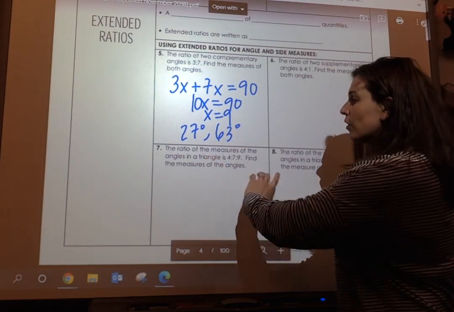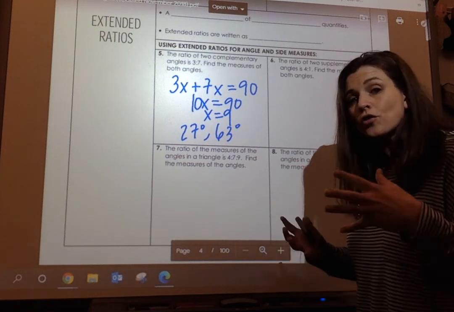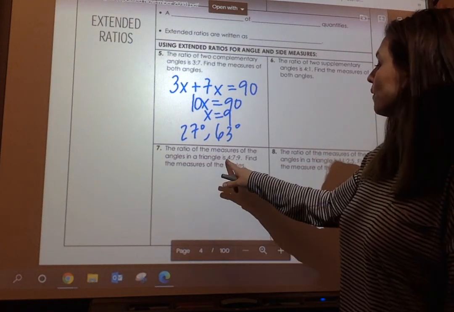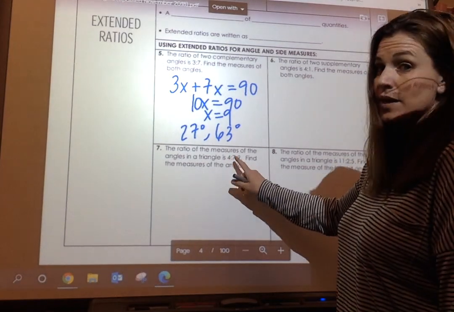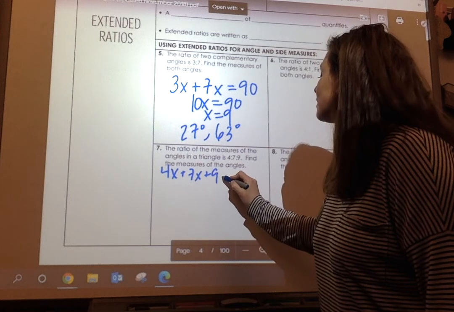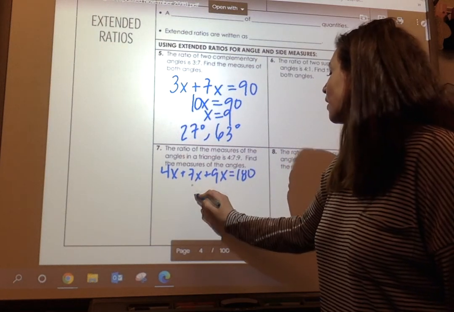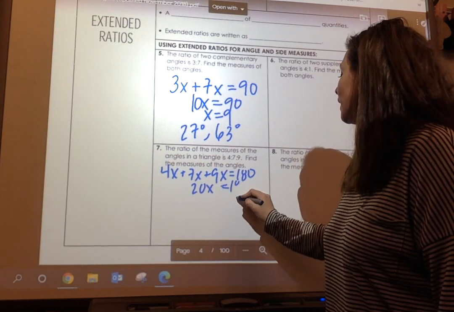If you look down here, we have the ratio of measures of angles in a triangle. We know that there are 180 degrees in a triangle. So if they fit this proportion, 4, 7, 9, I'm going to do 4x plus 7x plus 9x all equals 180. And when I add those together, I get 20x equals 180.